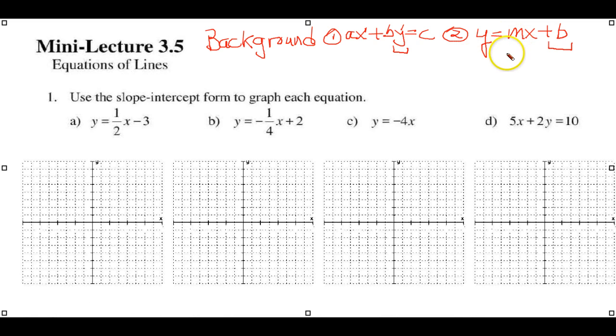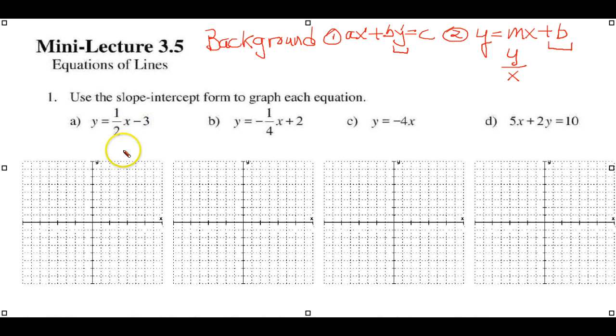Remember, slope is y over x. So if there's no denominator, there's a 1 there. So this is what we're going to practice, and hopefully you're set up to do the first one.